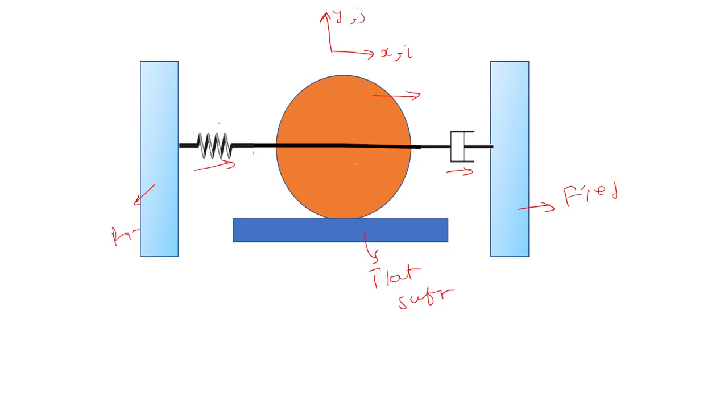Now this rigid component has some mass. Let's denote that mass by m, and it also has some moment of inertia. Let's denote that moment of inertia by I. Now if I apply some external moment over this component, what's going to happen?